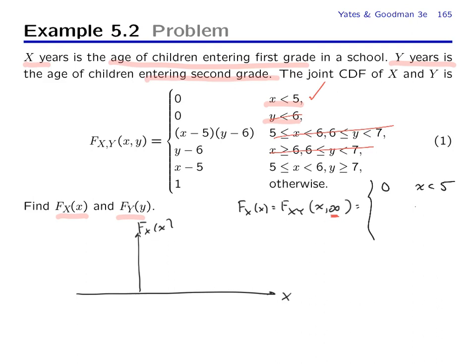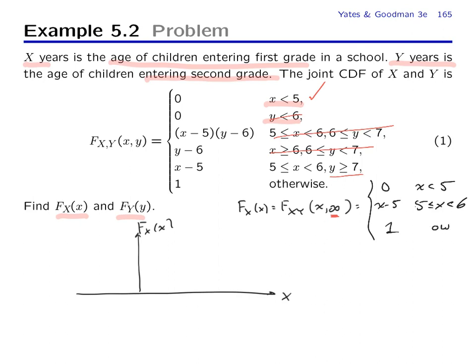But when we look at the fifth rule, we have y greater than or equal to 7. That includes little y equals infinity, right? And so we have another rule that applies. We have x minus 5 for 5 less than or equal to x less than 6. And then finally, we have the otherwise rule, and that rule also applies.